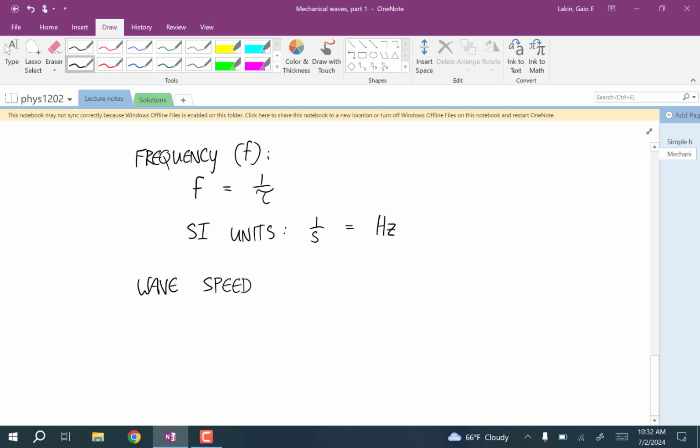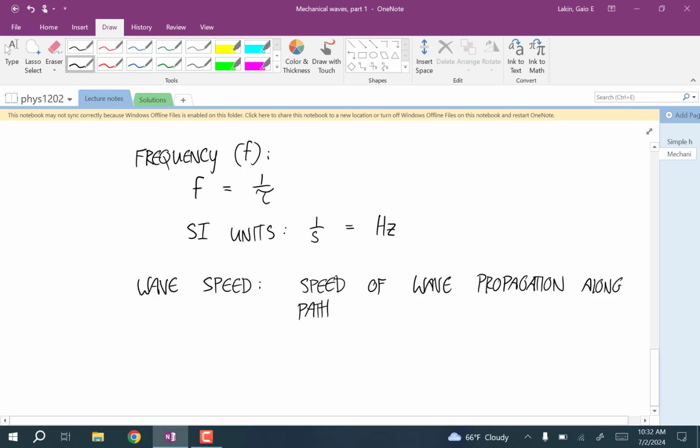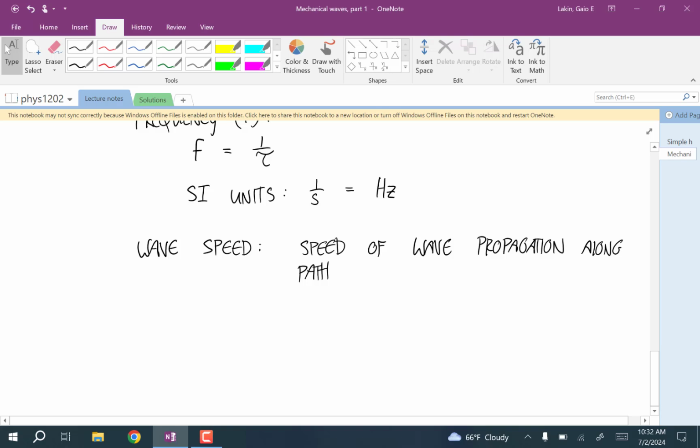This is the speed of wave propagation along its path. And the SI units for wave speed, well, any speed is just going to be meters per second, and that's what this is.